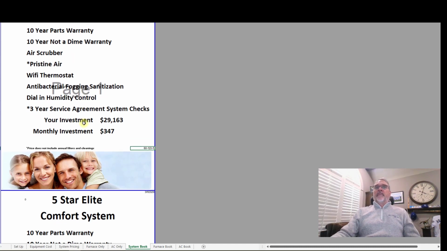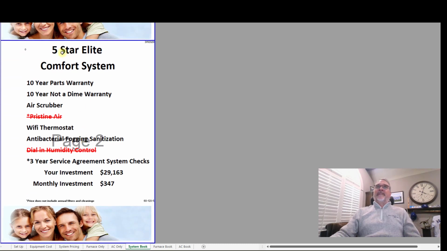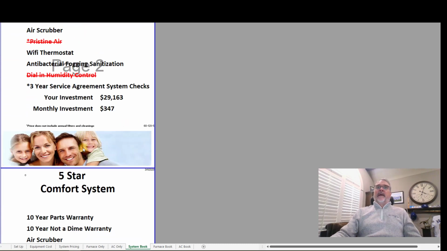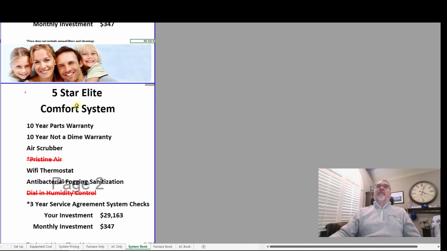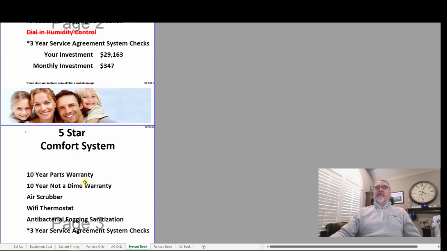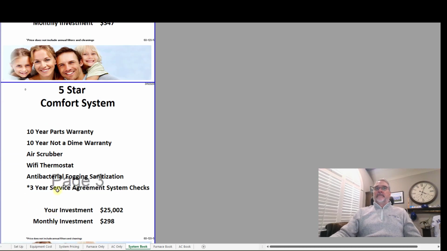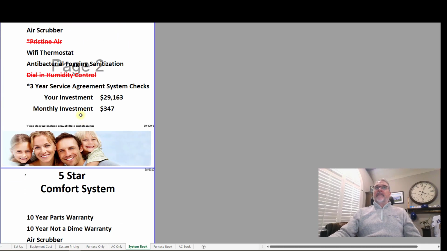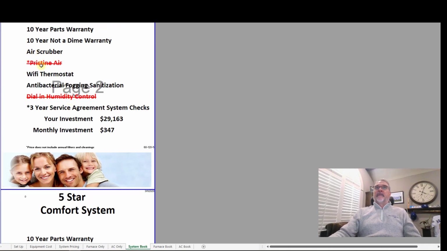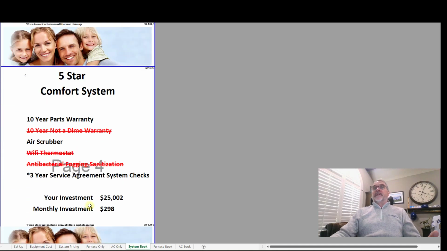And then you can turn the page and show the 5-star comfort on the left-hand side and the 5-star elite on the right-hand side. So they can see what they're not getting here. What they're not getting down here, they can see what they're not getting up here. Okay? So it's a visual, it's a great book for visualization.